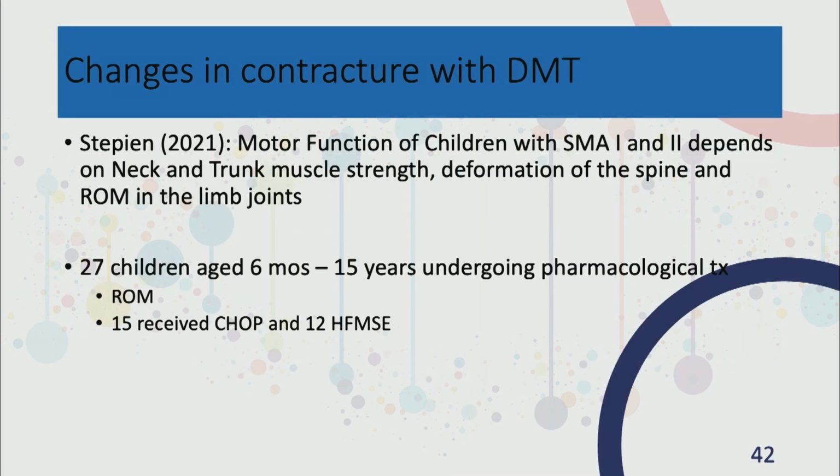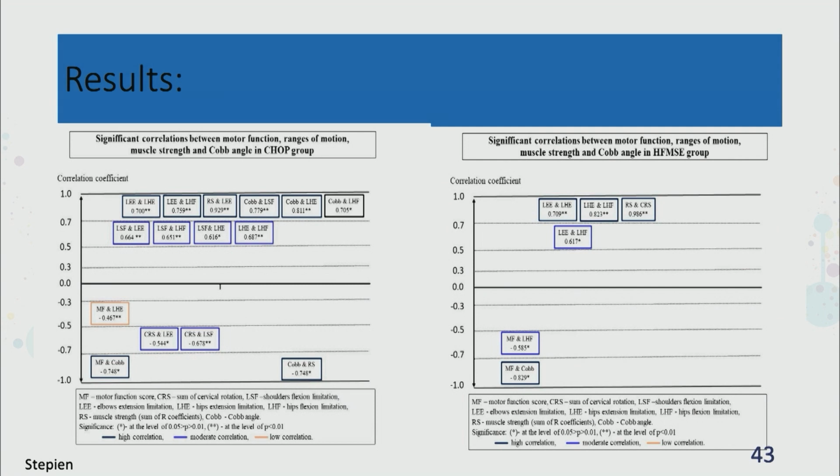Another study looked at 27 children ages 6 months to 15 years and similarly assessed the CHOP and the Hammersmith, looked at range of motion measures of neck rotation, shoulder joint flexion, elbow extension, and hip joint flexion with knee extension, so the popliteal angle. And this also measured trunk and strength via dynamometer. This study found that the CHOP scores were most affected by shoulder flexion limits and correlated trunk deformation with decreased function.